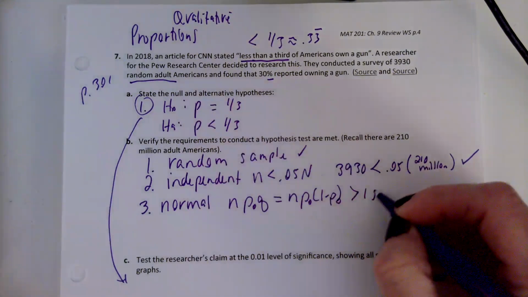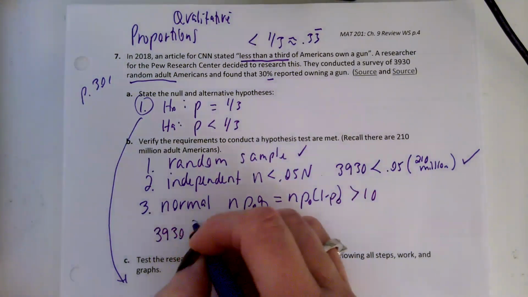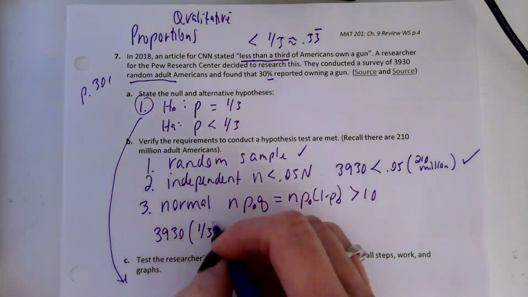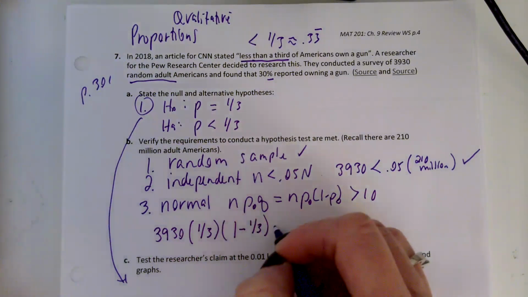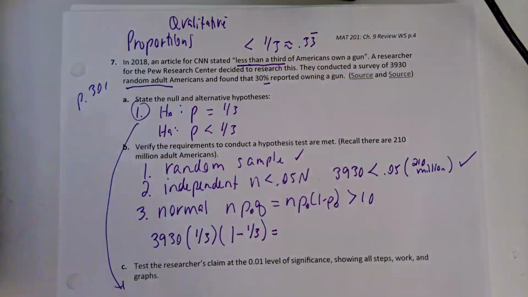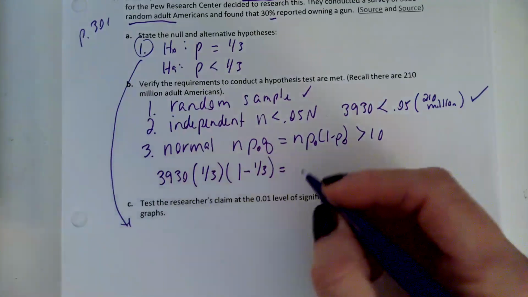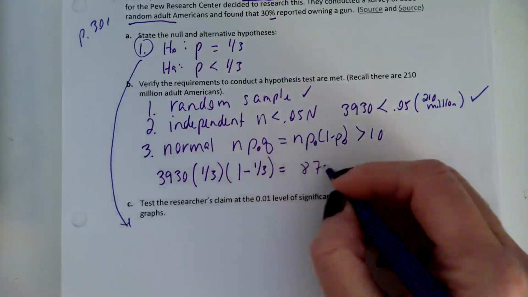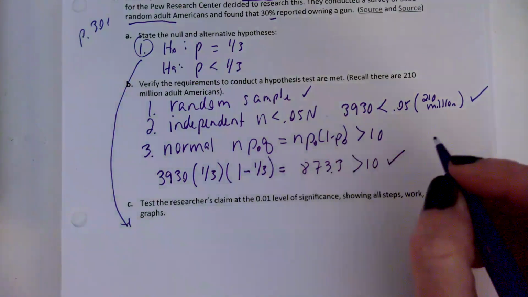It has to be greater than 10. So 3,930 times 1/3 times 1 minus 1/3. Okay, so we're using the P0, not the P hat. That is equal to 873.3, and that's definitely greater than 10. So we give that a check.